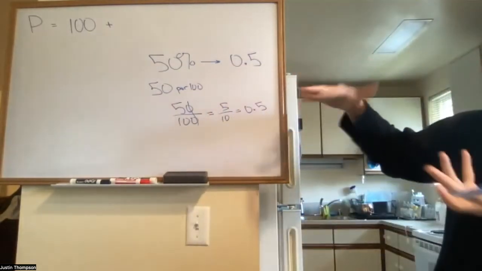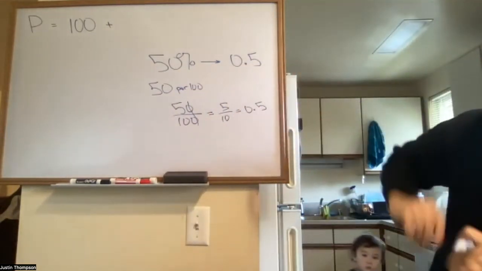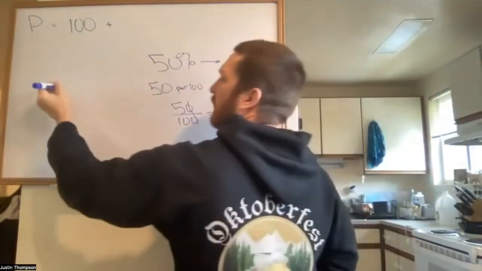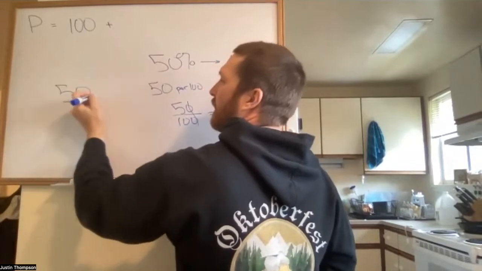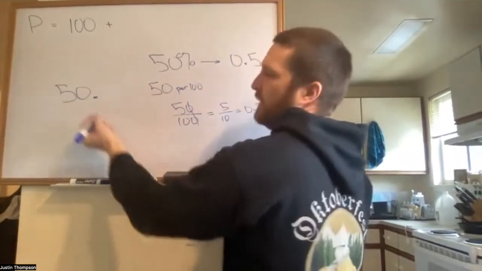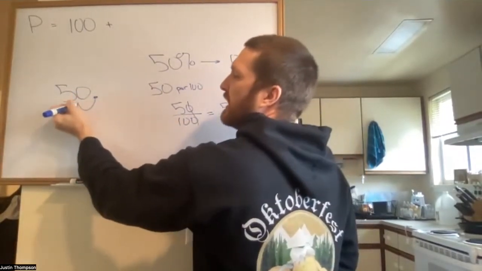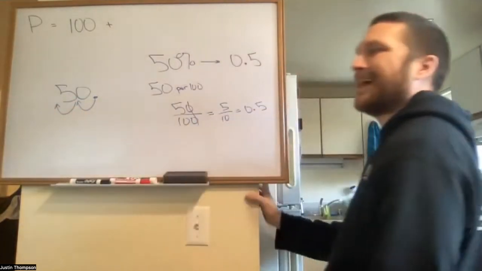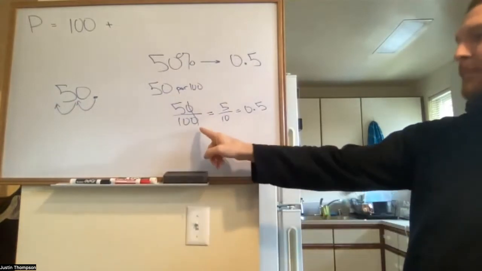Another quick and fast way of calculating this is, another way of dividing by 100 would be to move the decimal point 2 places to the left. It has the same effect.